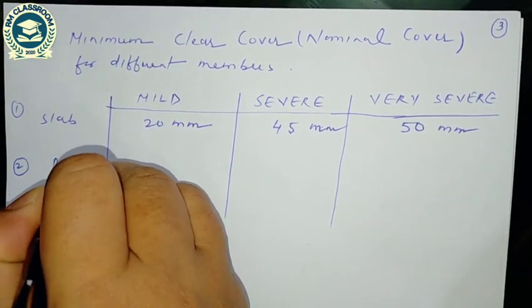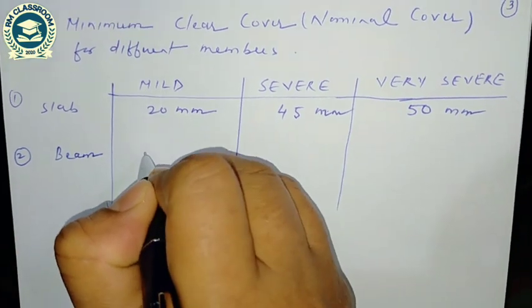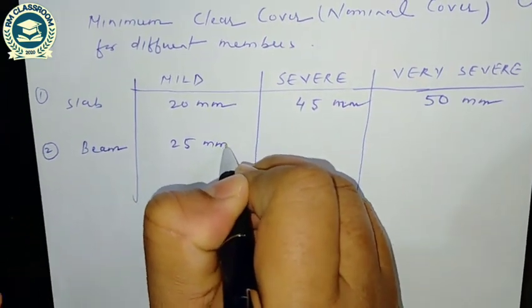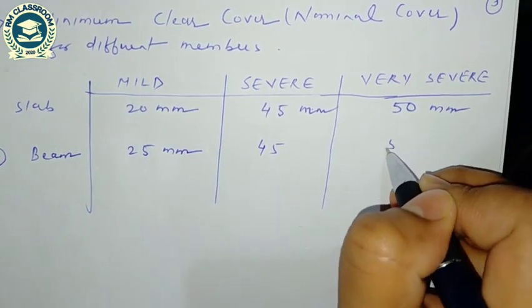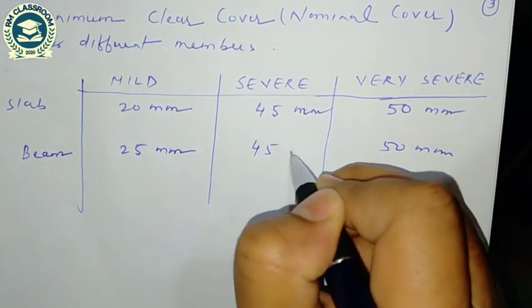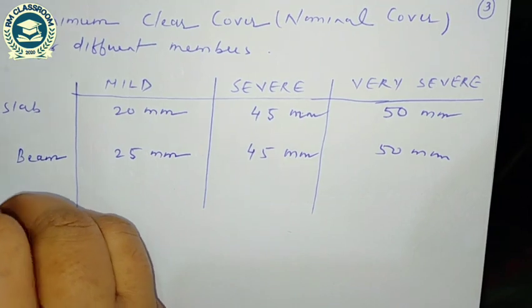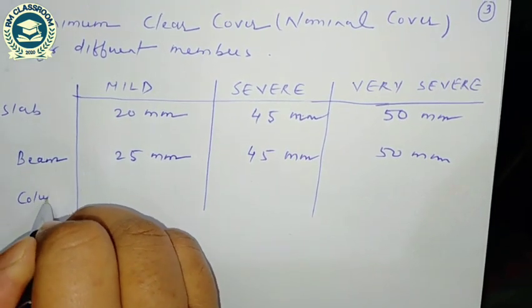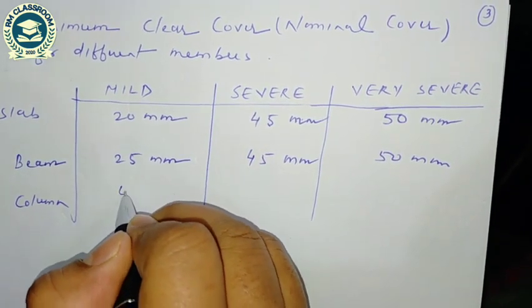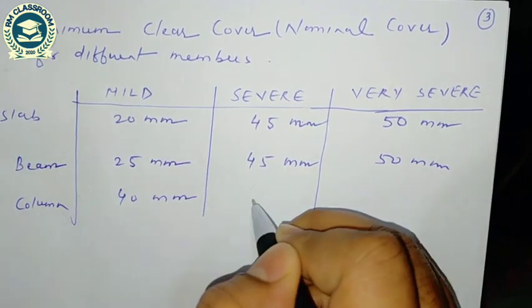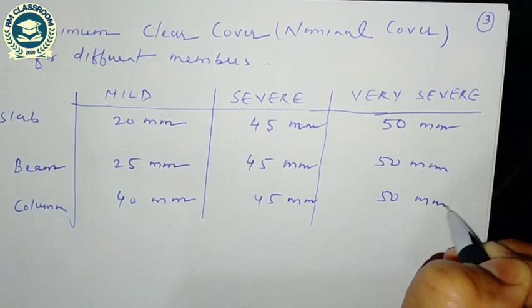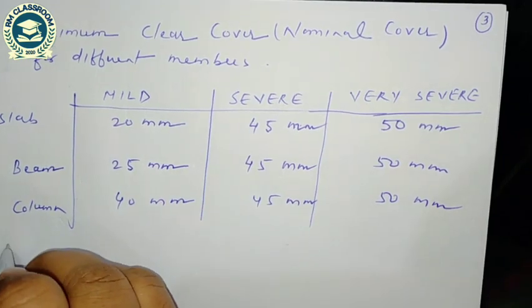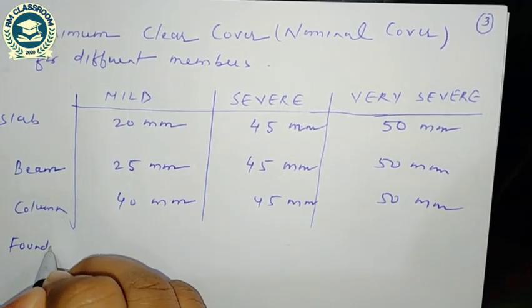Second one is beam. In case of beam we have to take minimum nominal cover as 25 mm, 45 mm and 50 mm. In case of column it is 40 mm, 45 mm and 50 mm. And the last one is foundation or footing.